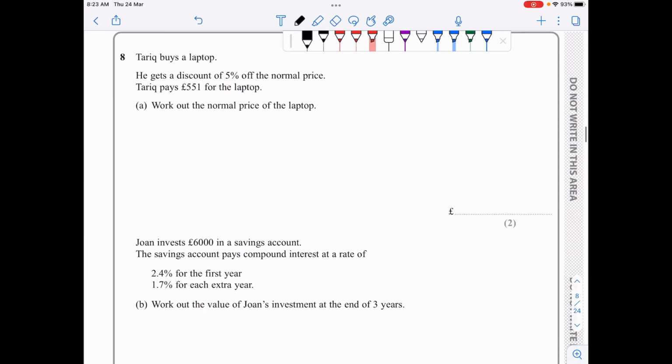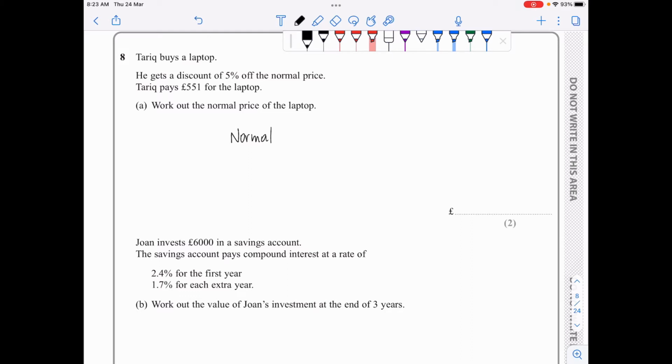Number 8, we've got Tariq who buys a laptop. He gets a discount of 5% off the normal price, and he ends up paying 551 for the laptop. We need to work out the normal price. Now, the normal price will be reduced by 5%.